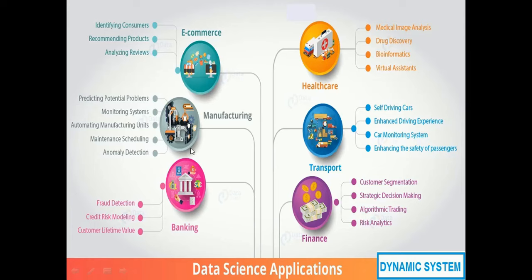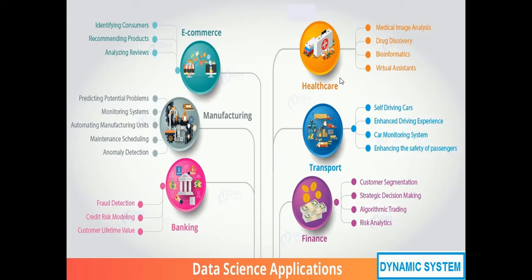In your banking sector, it is used for fraud detection, credit risk modeling, and customer lifetime value. In your healthcare sector, it is used for medical image analysis, drug discovery, disease detection, bioinformatics, and virtual assistants.